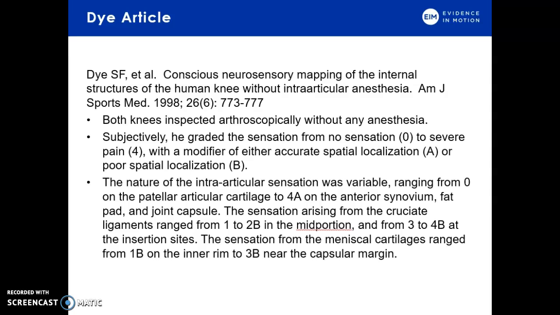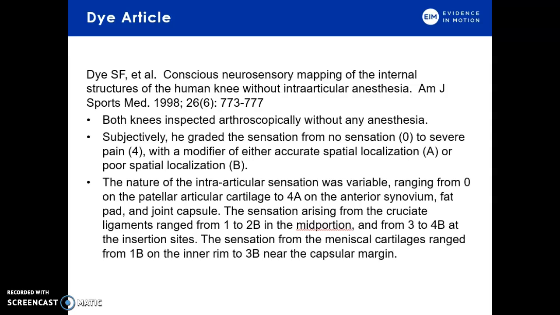So depending on where they were poking, it ranged anywhere from a 0 on the patellar articular cartilage to very local and severe on the anterior synovium, fat pad, and joint capsule. The interesting part is that the sensation from the cruciate ligaments ranged anywhere from a 1 to a 2B. So it was mild and vague at the mid portion, and as it approached its insertion sites, it became still vague but increased in pain.